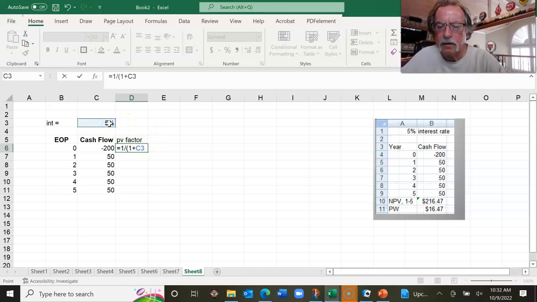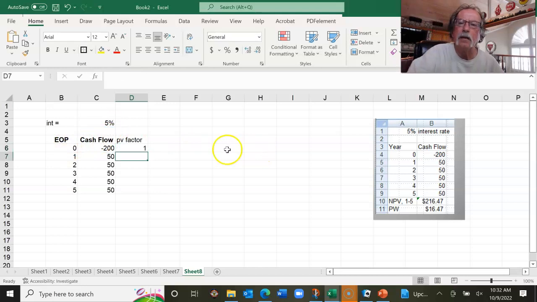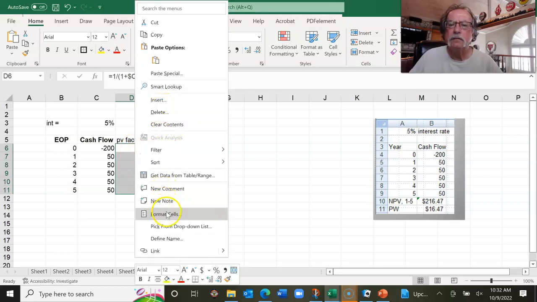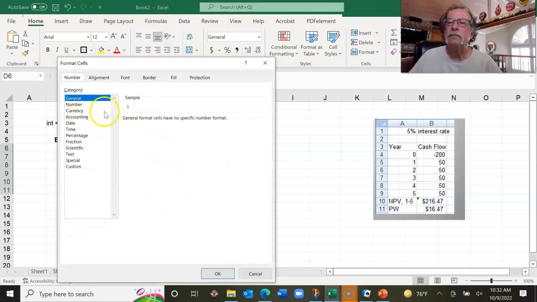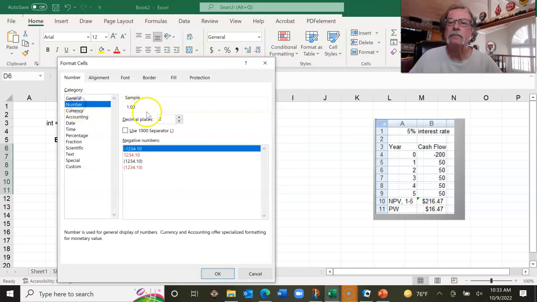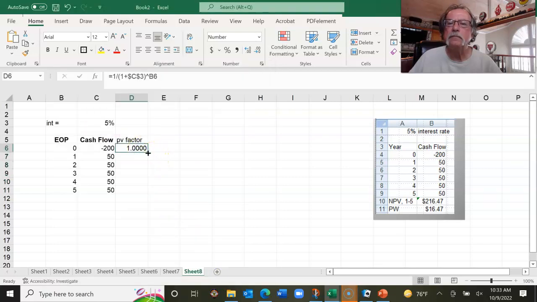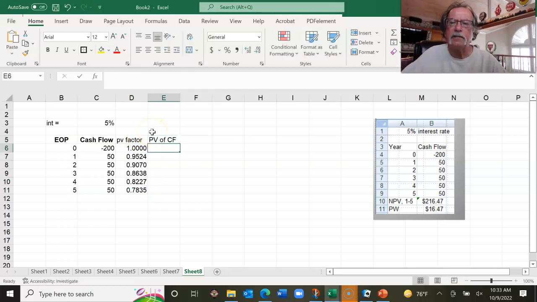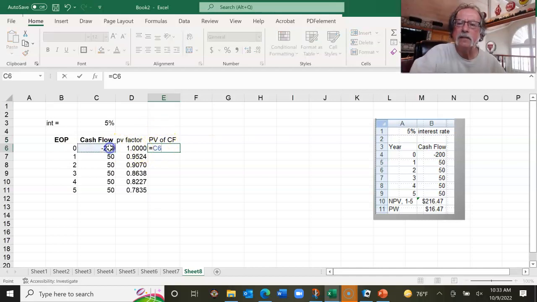Let's do this the right way. Present value of the cash flow is simply that times that.